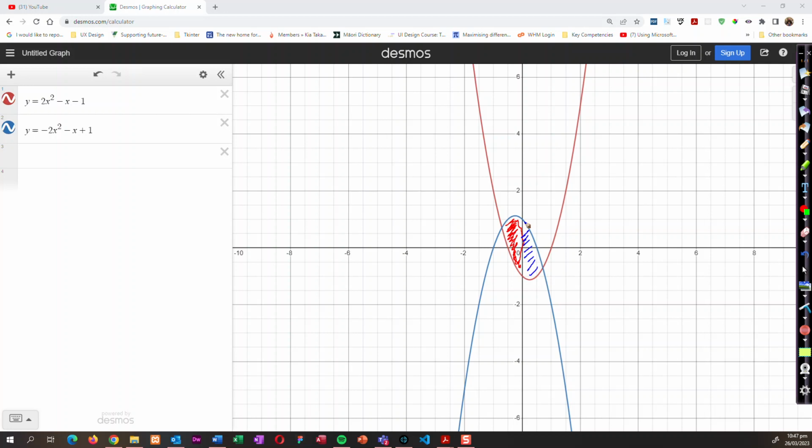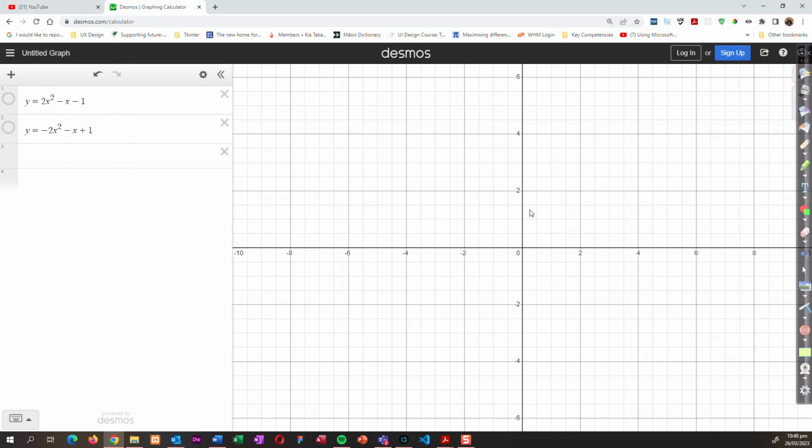But how are you going to prove that algebraically, because you won't have Desmos available? So one thing to consider is the idea of an even function. This is not an even function, I'm not talking about this one here, but if you have an even function, so let's get ourselves one.